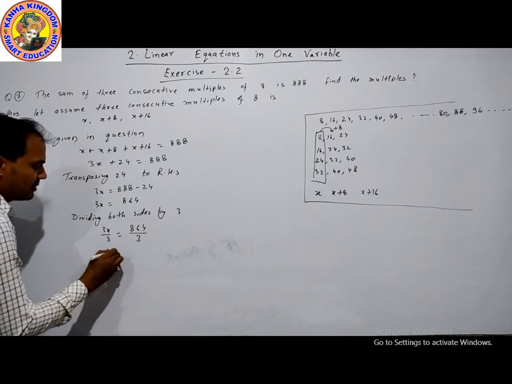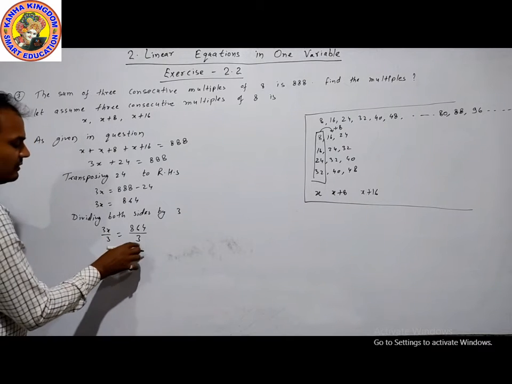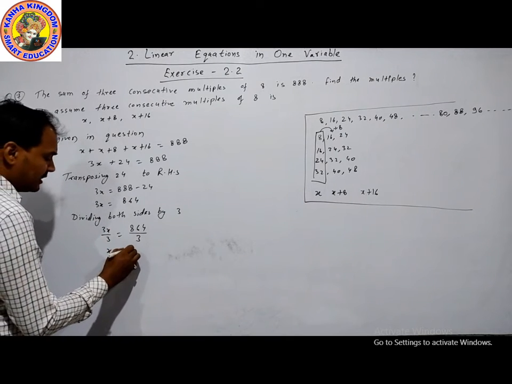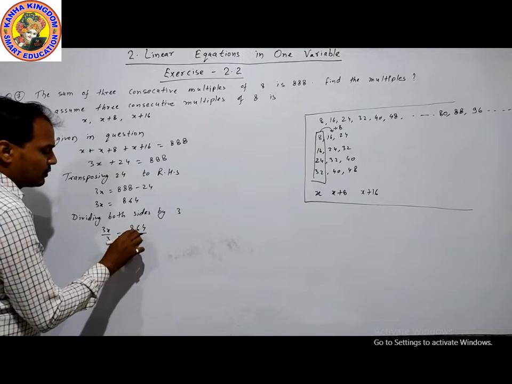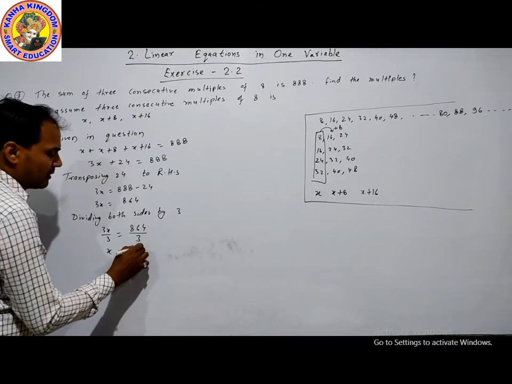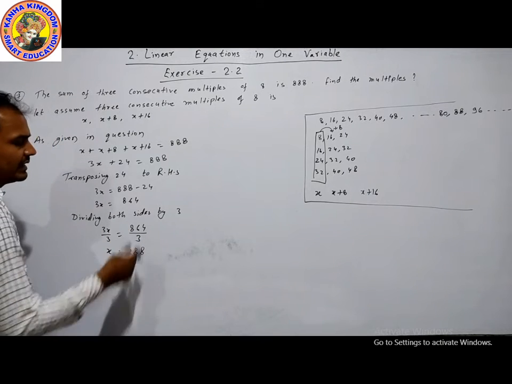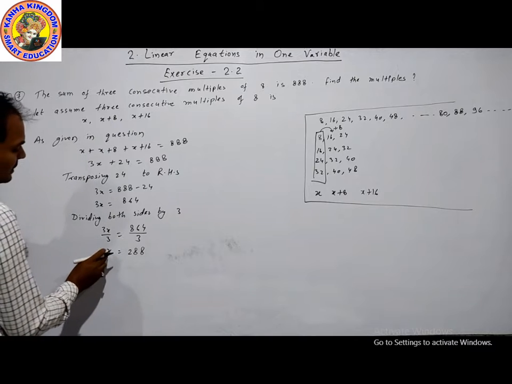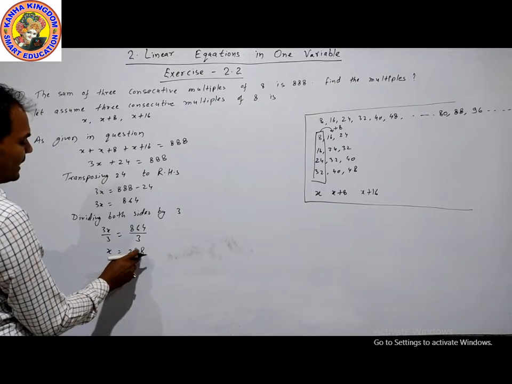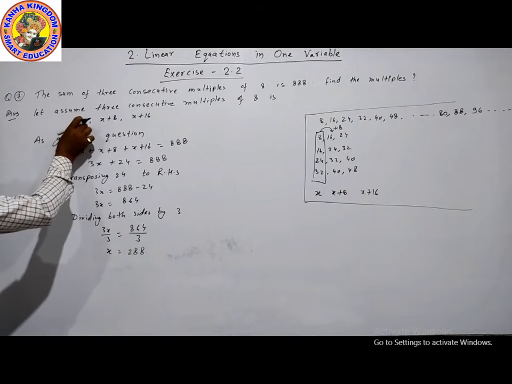The 3 and 3 cancel out, leaving x. When we divide 864 by 3, you can divide in your rough copy. x is 288.